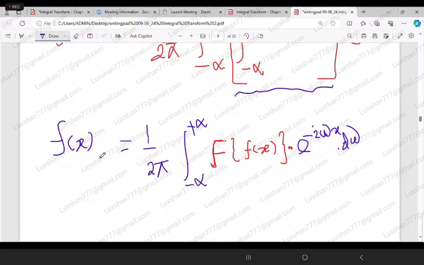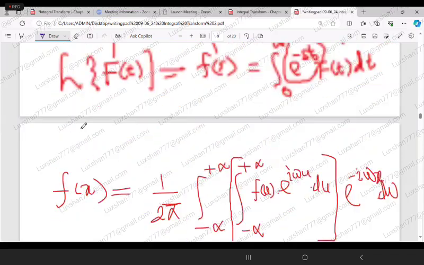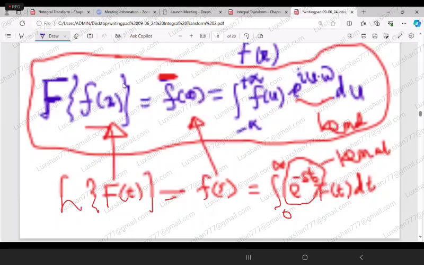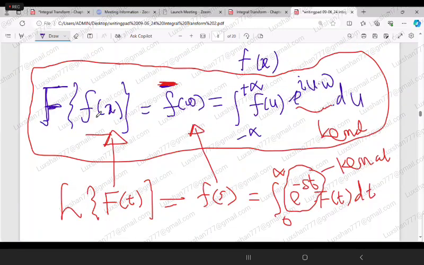What is this actually? This is the definition of the Fourier integral.